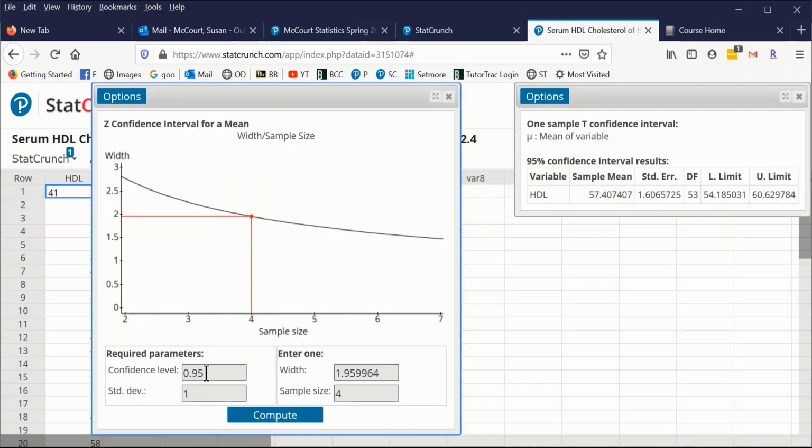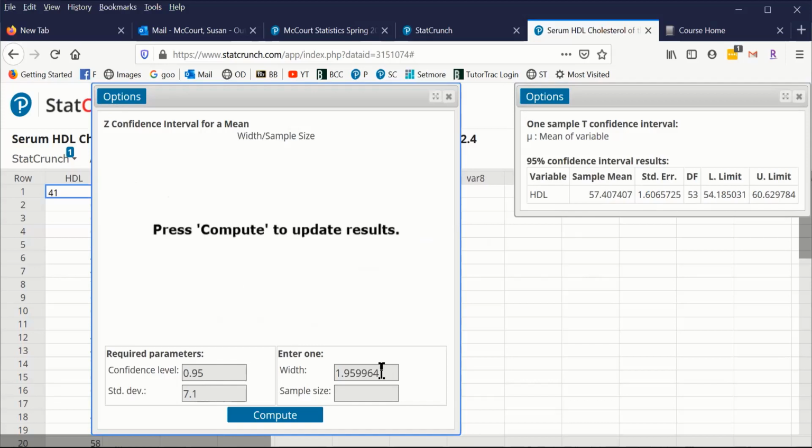So we wanted a confidence level of 95%. They told us the standard deviation was 7.1. And they told us within 1.